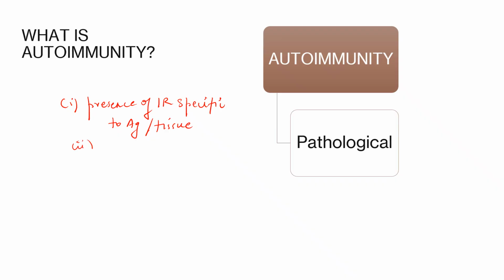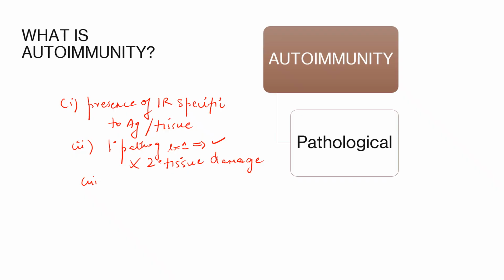Secondly, this immune response is a primary pathogenic reaction. What do I mean by that? This is primary. It is not secondary to any tissue damage. If the response occurs after a tissue damage, it is not autoimmunity.